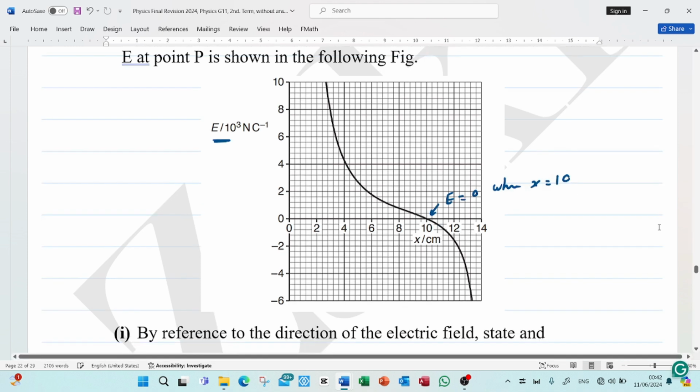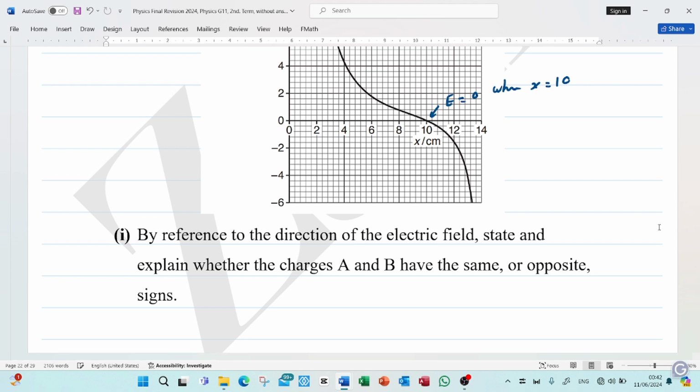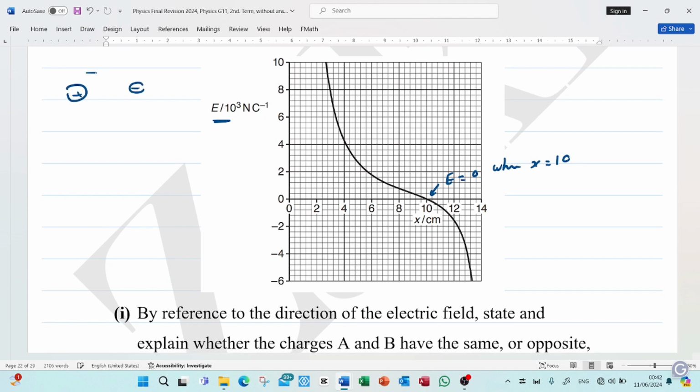Now, by reference to the direction of the electric field, state and explain whether the charges A and B are the same or opposite. Of course, if they are positive and negative, the electric field has one direction, so it cannot be 0. But if they are both positive or both negative, we can get a point at which E equals 0.